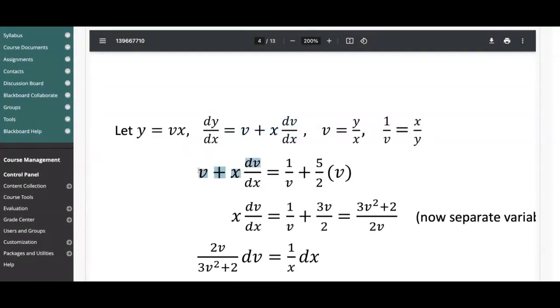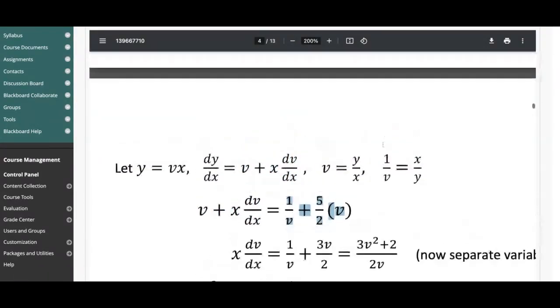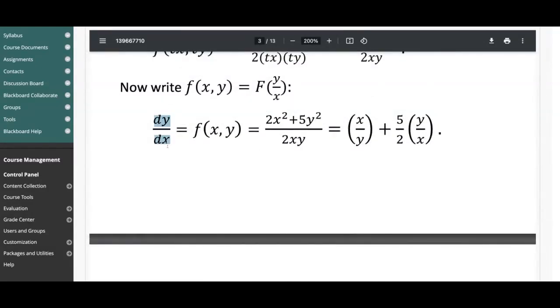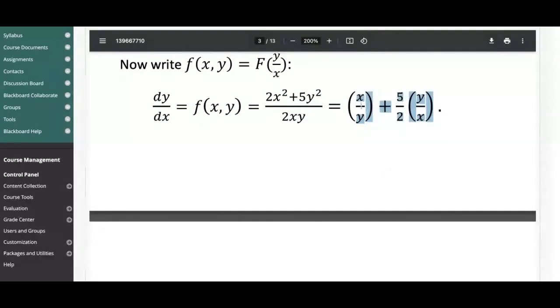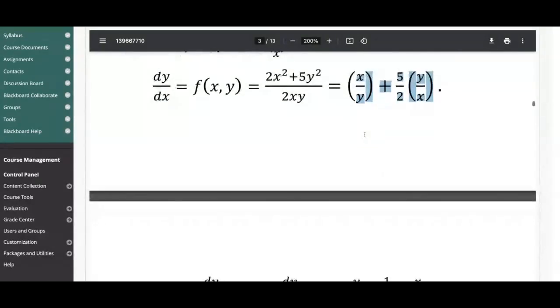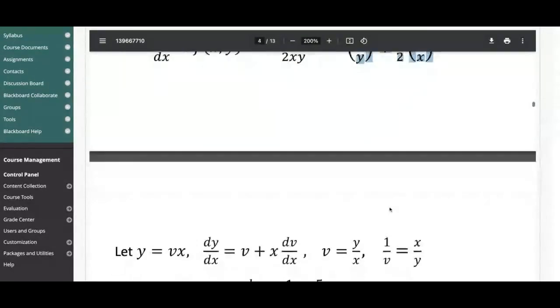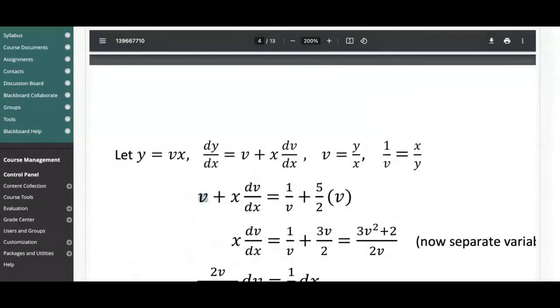So this side is dy/dx. The other side is this. From here, dy/dx equals this. So x over y is 1 over v. y over x is just v. So dy/dx equals 1 over v plus 5 over 2v.